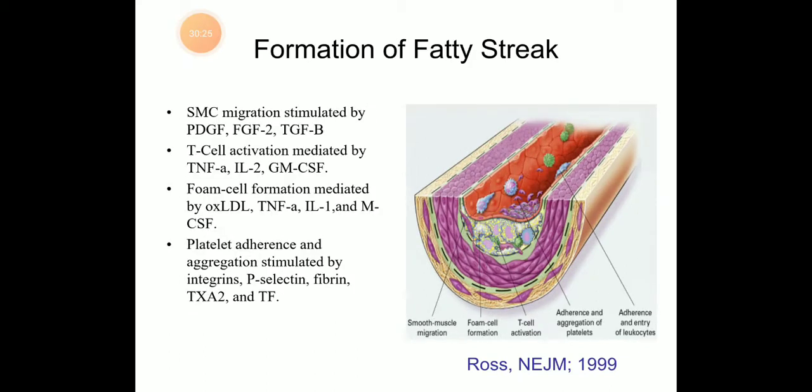Now these monocytes are converted to macrophages, which phagocytose the oxidized LDL cholesterol and transform into foam cells, that is fatty streaks, and platelet adherence occurs. The foam cell formation is mostly mediated by LDL, TNF alpha, IL-1 and MCSF. Before the phagocytes perish, they secrete multiple growth factors that serve as principal mitogens for connective tissue cells such as fibroblasts and smooth muscle cells.